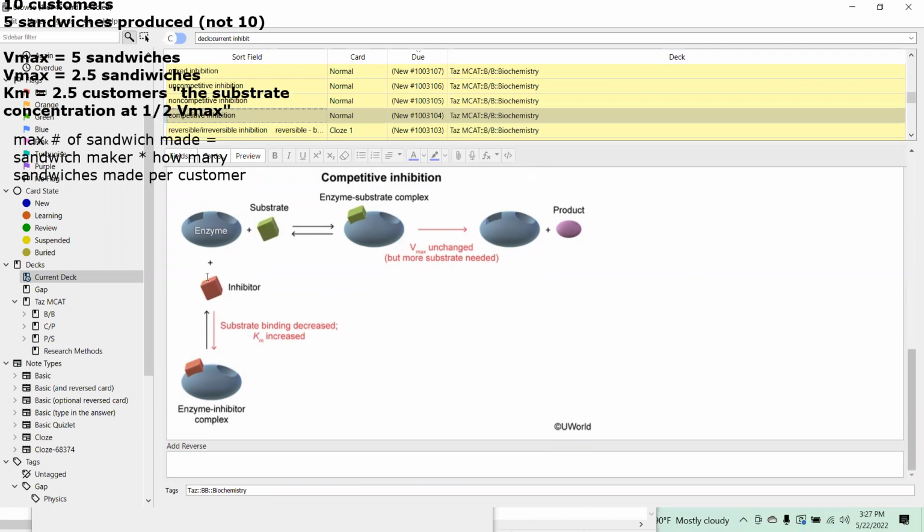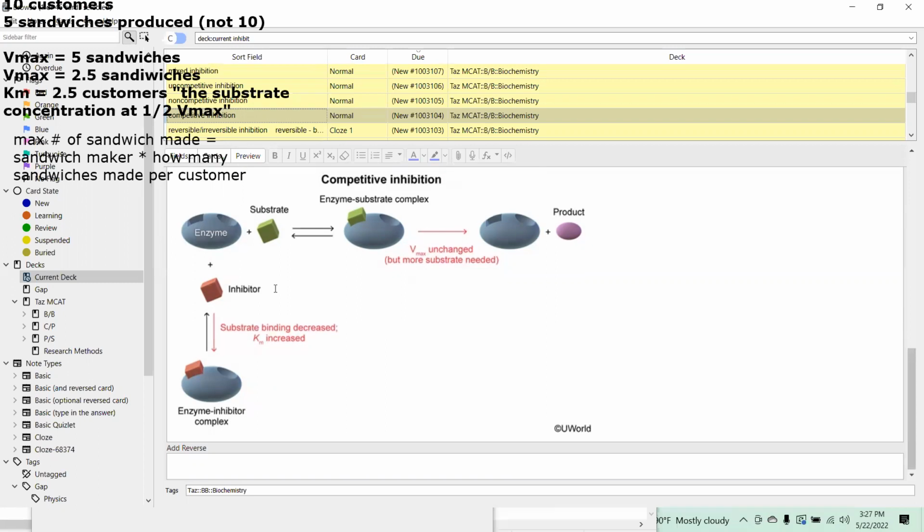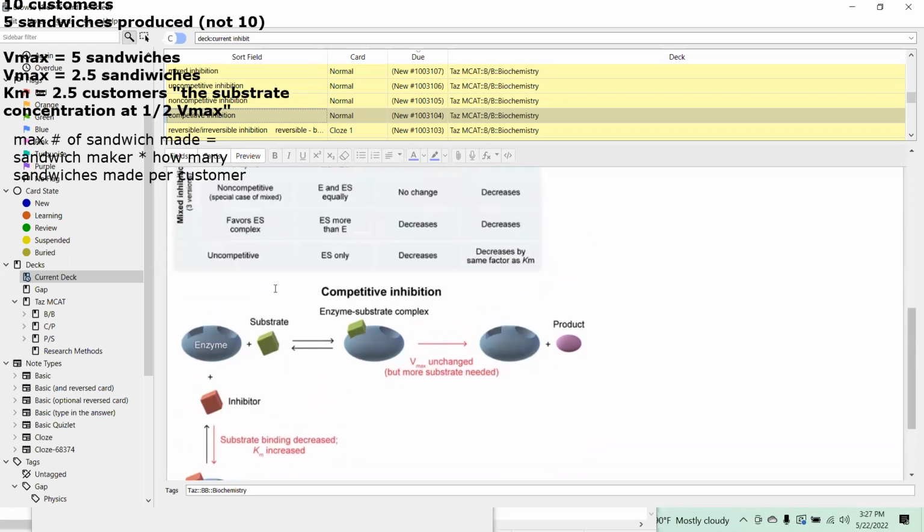Notice, the inhibitor binds at the active site where the substrate would have bound, at this little square spot. That's what a competitive inhibitor is. It competes for the active site. The active site is the spot on the enzyme where it binds the substrate, so it directly competes for that spot.